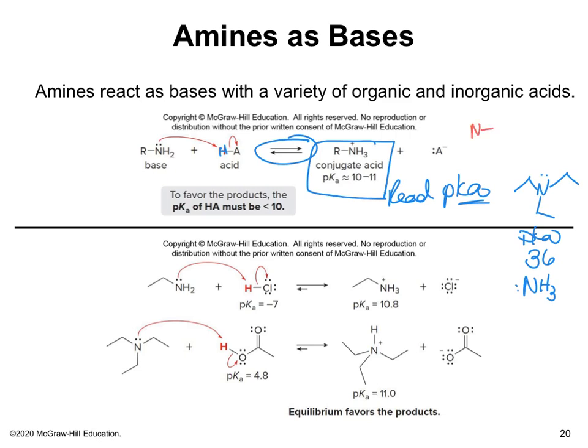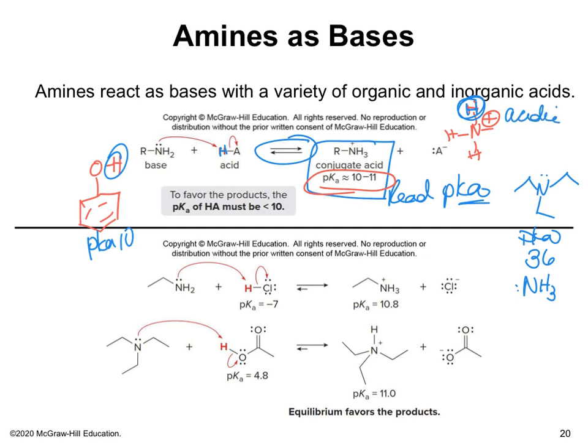Protonated is when you have a nitrogen that has 4 bonds to it and it's got a positive charge. Notice that pKa is 10 to 11. So it's as acidic as a phenol. Remember the phenol? Hydrogens here, those are pKa's around 10. So this proton is more readily acidic than a non-protonated one.